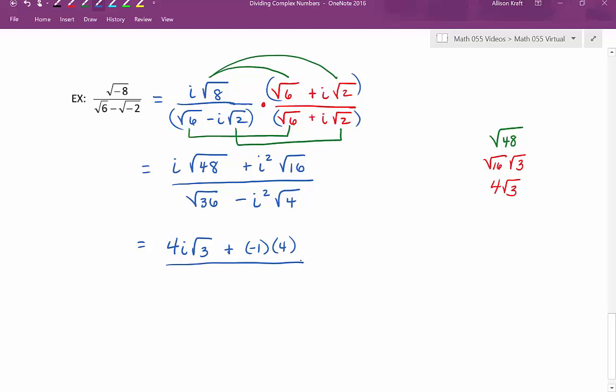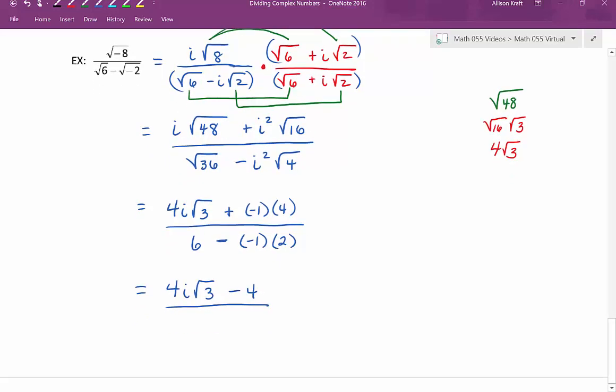In the denominator, square root of 36, again, is a perfect square. That's 6. i squared we'll replace with negative 1, and the square root of 4 is just 2. We get 4i square root of 3, and then in the numerator we have plus negative 1 times 4, well that'll be minus 4.